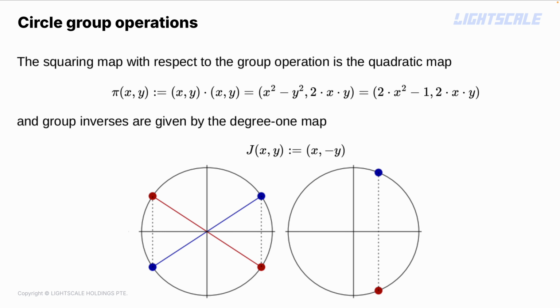Also there is a squaring map, pi, and this is the result if you do the group operation. In this unit circle, y squared equals 1 minus x squared, so it becomes this. Also the group inverse is given as (x, minus y), which is just the reflection in the x axis.